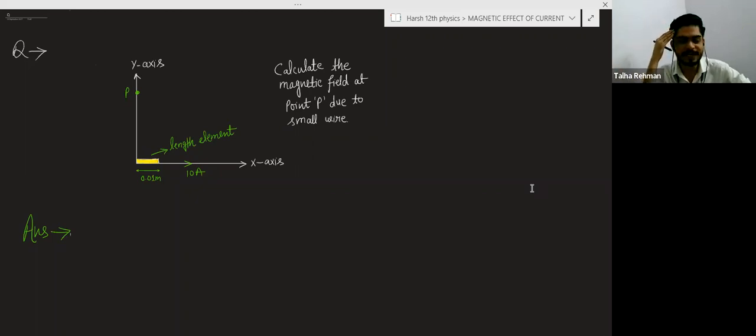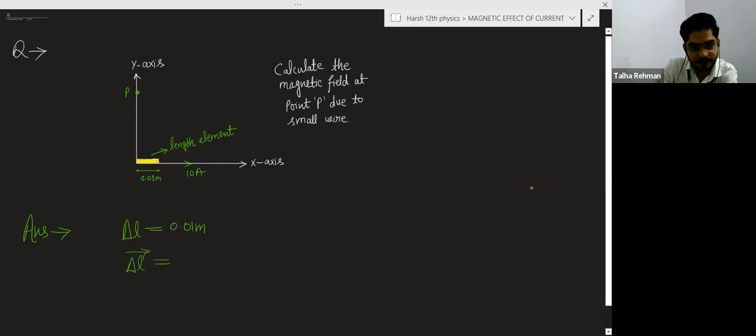So the value of delta L is given as 0.01 meter. Now can I find the delta L vector?